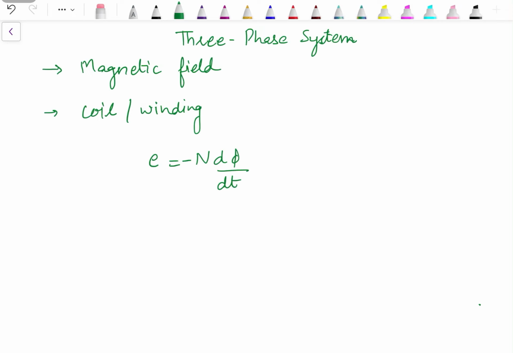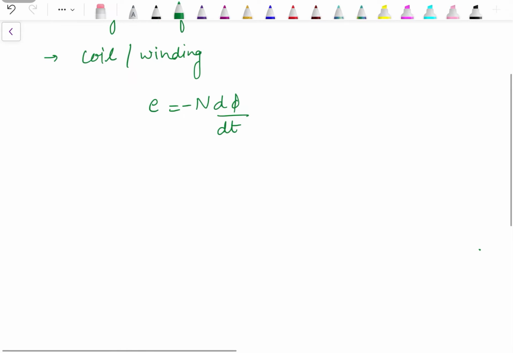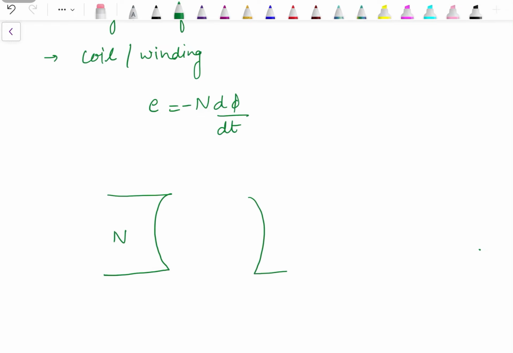So when we have three different coils, in order to understand the generation of three phase, let's consider that we have permanent magnets. Practically, permanent magnets are not used because the cost of permanent magnets is very high.